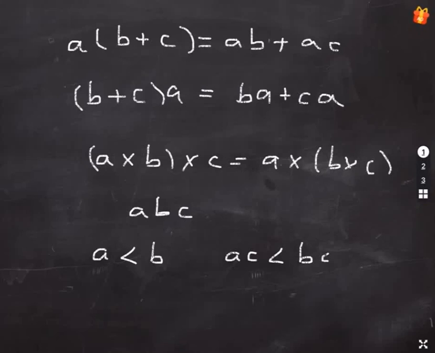And therefore, we can derive a corollary, which is a cancellation law. If you have three natural numbers such that a times c is the same as b times c, and c is non-zero, then a is going to be b, and you can prove this yourself.